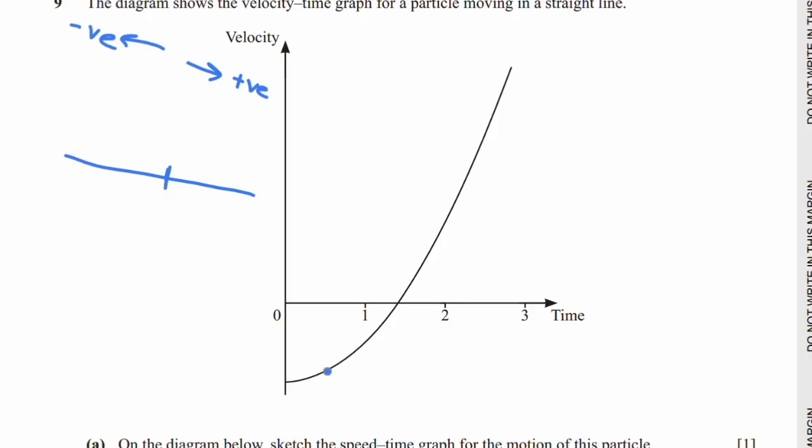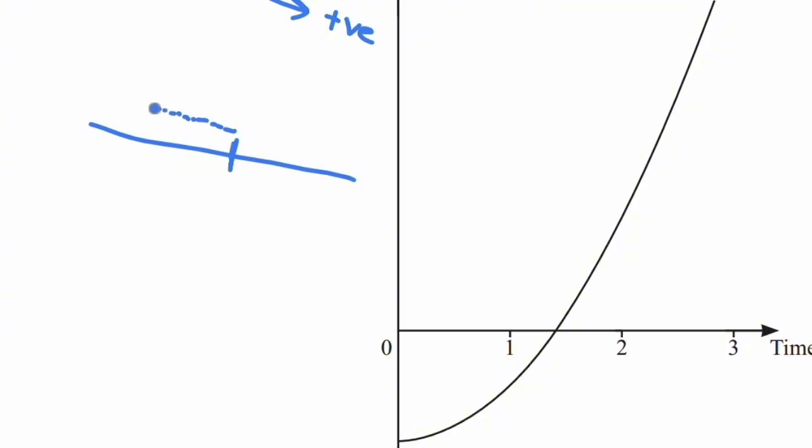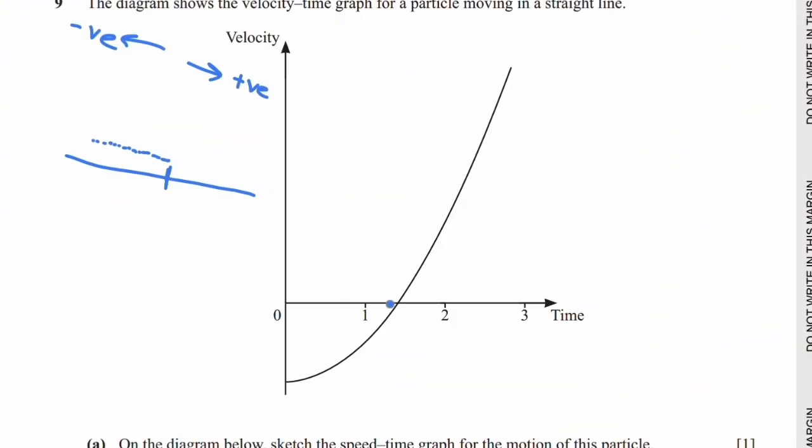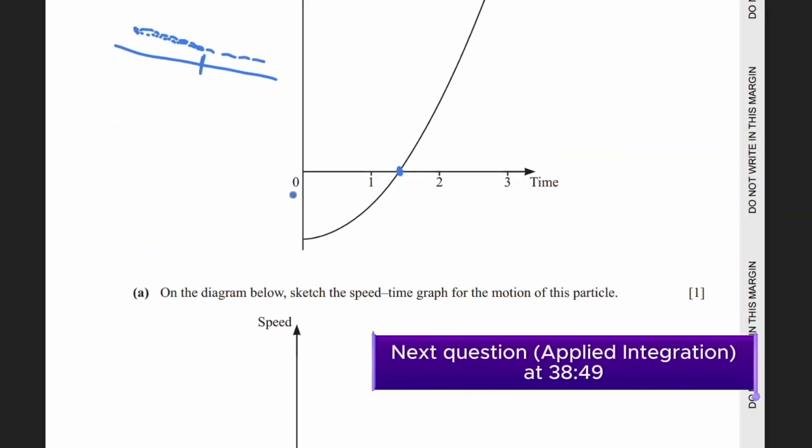It first has negative velocity, so it goes to the left, and then it stops over here. The velocity is 0 at time something between 1 and 2. Then it changes direction and goes to the right side because the velocity is positive. Okay, so that is the entire storyline.